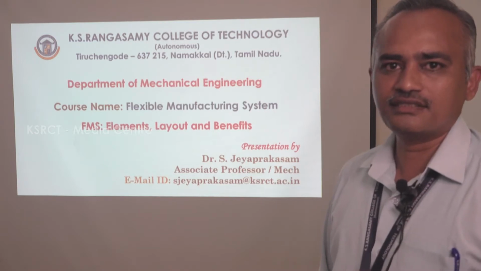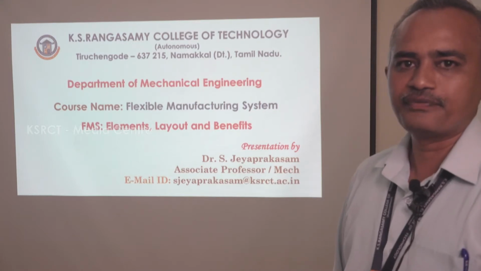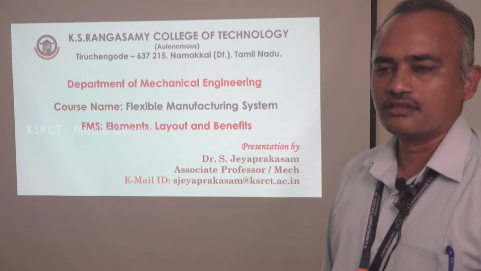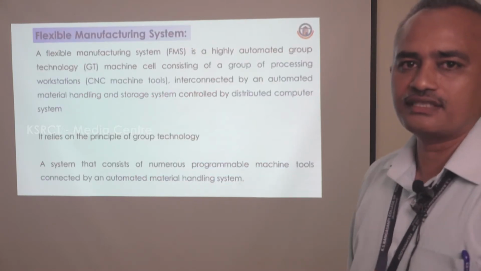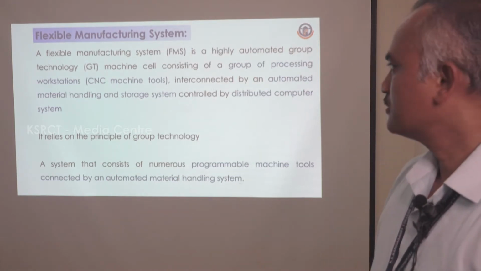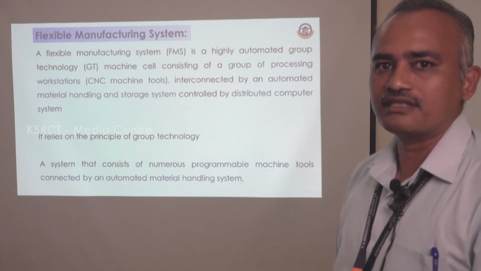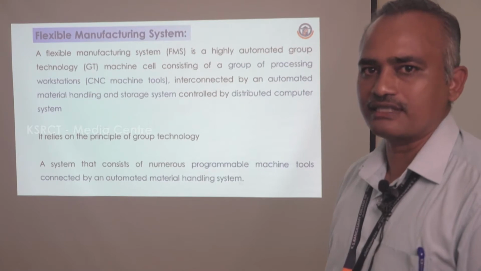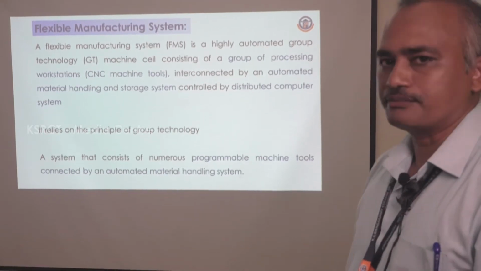So in this session, we are going to discuss the flexible manufacturing system, its elements, benefits and layouts. Flexible manufacturing system, shortly called FMS, is a highly automated set of workstations which are interconnected with a material handling and retrieval system along with a computer control system.